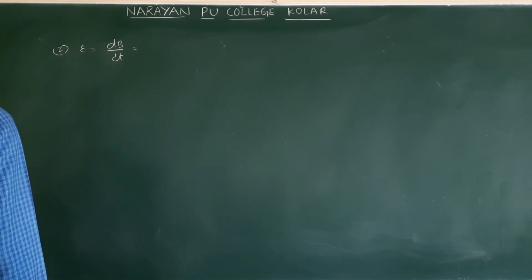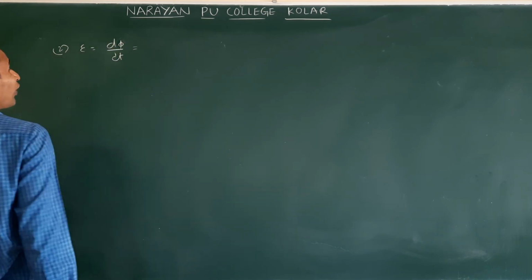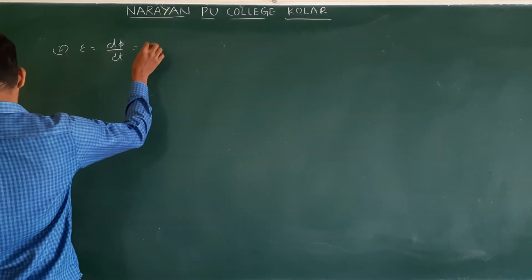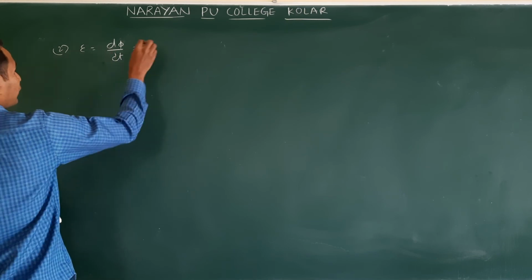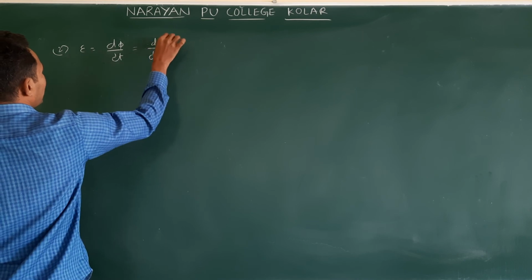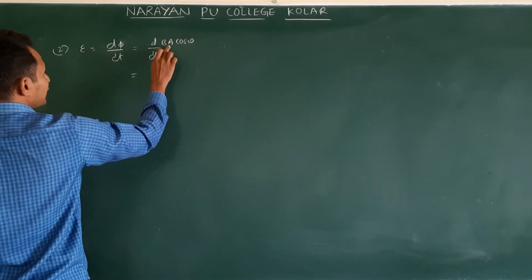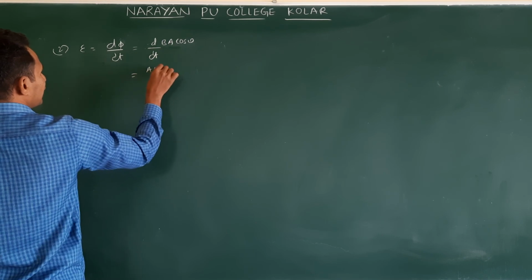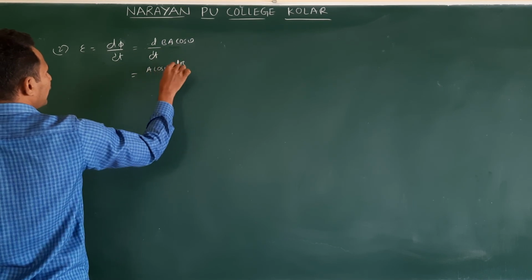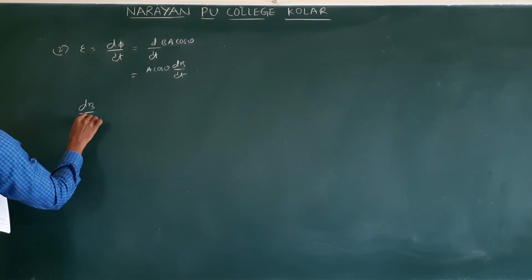What is changing here? dB, this is d phi. How do you write this? We are calculating only the magnitude, minus not required. d by dt of BA cos theta. What is changing? B is changing. So this A cos theta remains the same, dB by dt. So what is dB by dt?